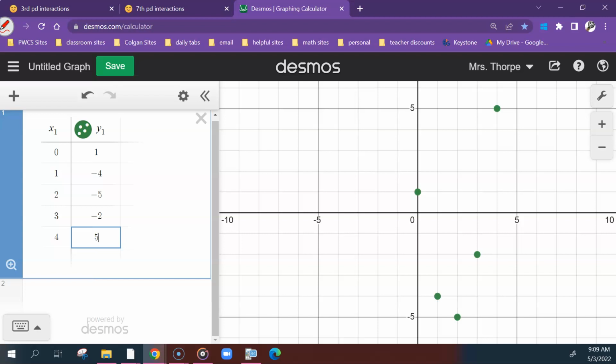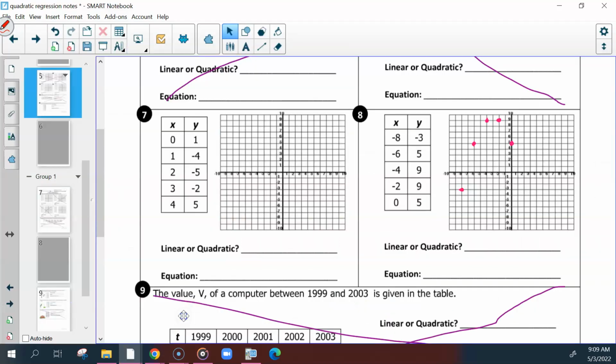This one might be cleaner. It's not, but it looks weird.